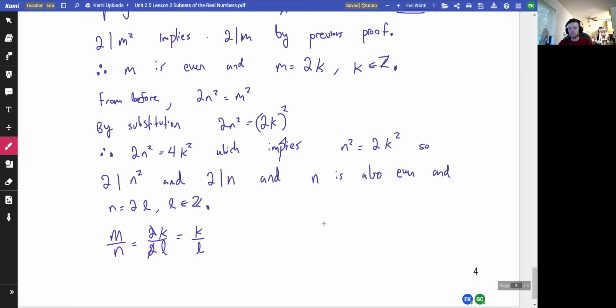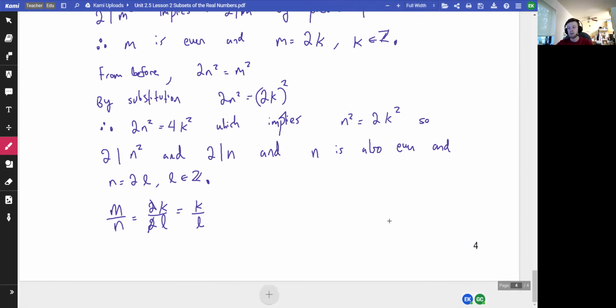Are numbers infinitely reducible? I don't think so. Right? That's what we were saying earlier. Like, if a number is a ratio, it can be simplified to a simplest form. So M over N can be rewritten as K over L for some 2 separate numbers, K and L.